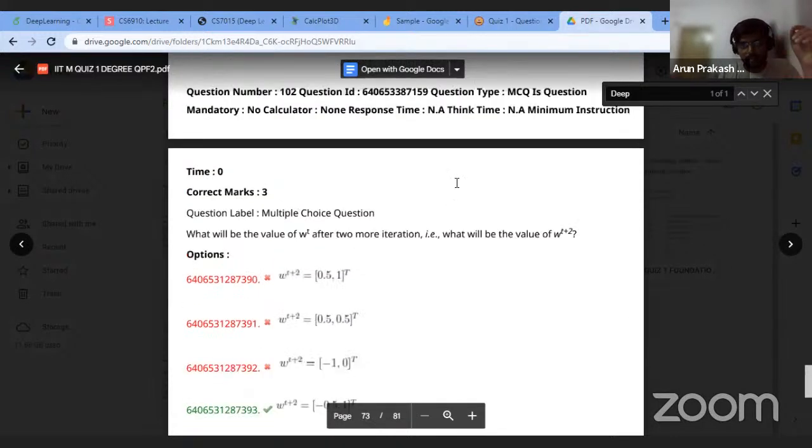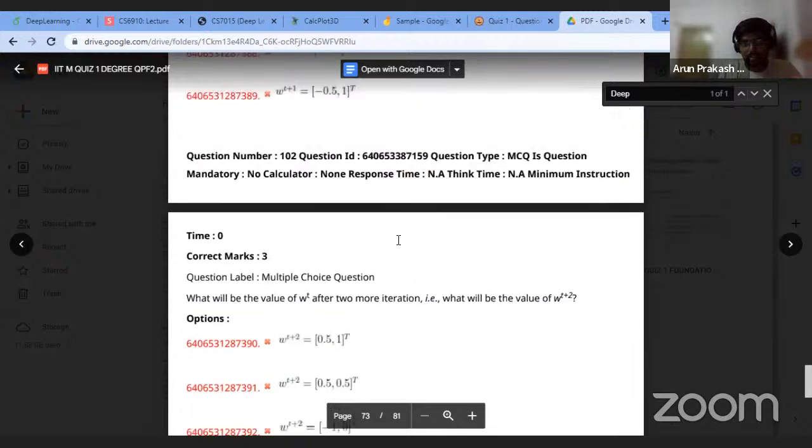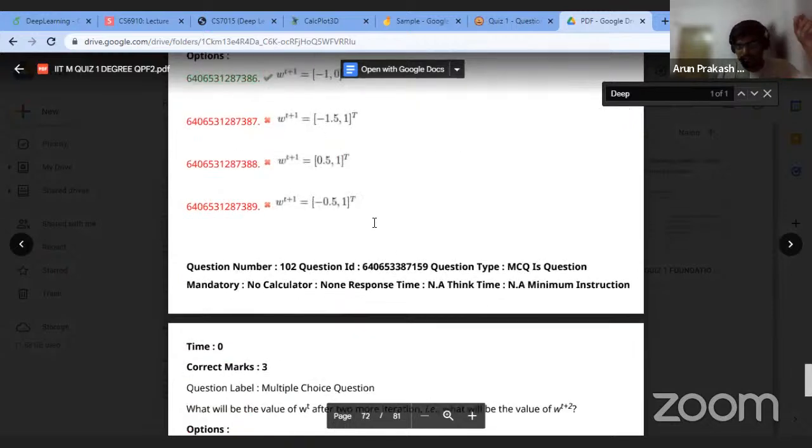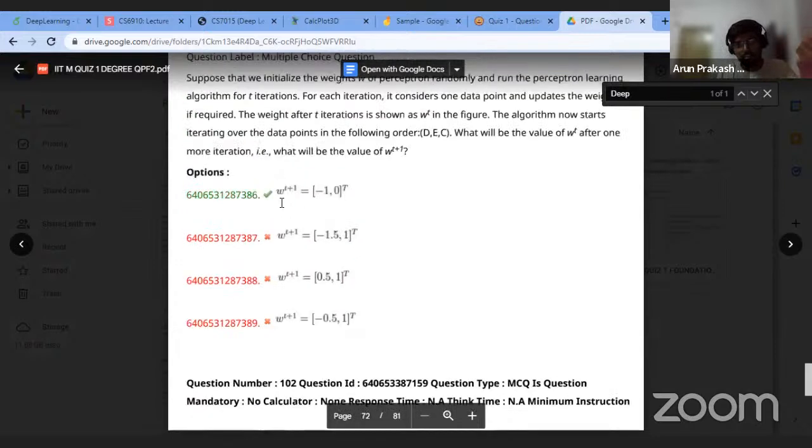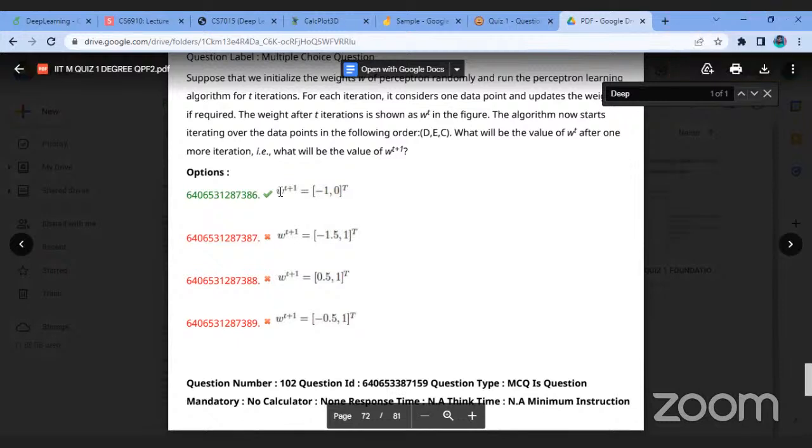But when we move in a principled way, when we make use of the data to figure out the right weight vector, especially when the data points are linearly separable, we have to follow the steps given by the algorithm, right? The algorithm ensures that when it comes up with a weight vector that classifies all the data points correctly, then this 90-degree principle will work for all the data points.